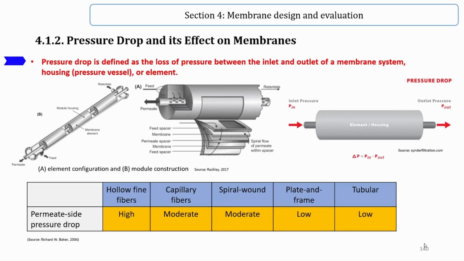Pressure drop and its effect on membranes. Pressure drop is defined as the loss of pressure between the inlet and outlet of a membrane system housing, that is a pressure vessel or element.